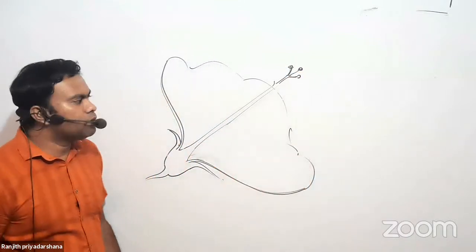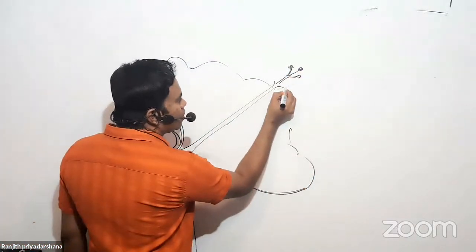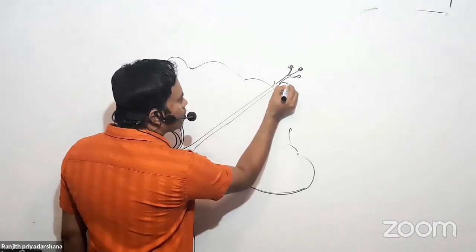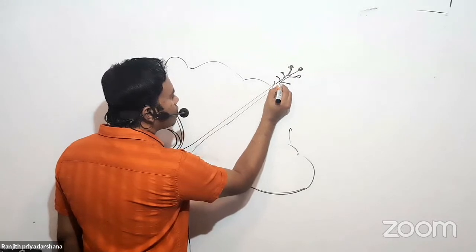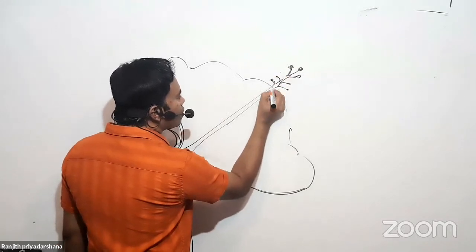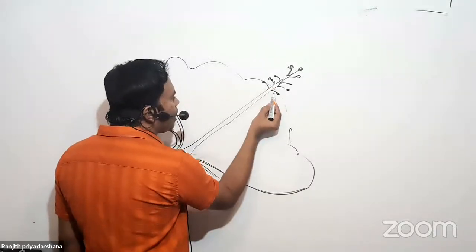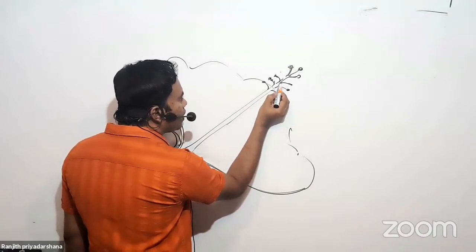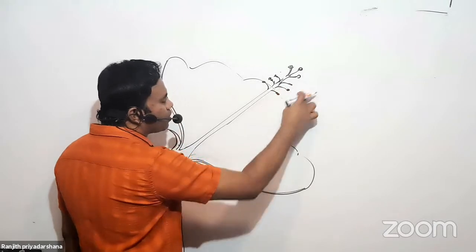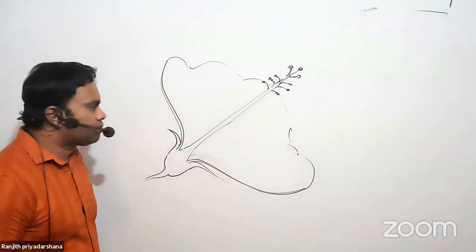Stigma has been divided into several stigma, and you can see here number of stamens, and this is the stamen, or we call that androecium.